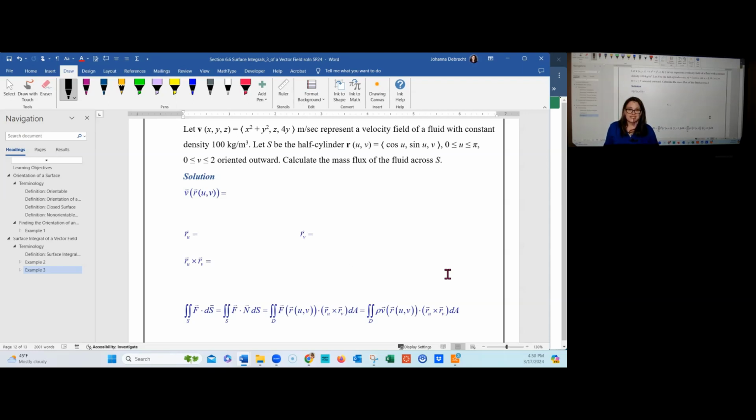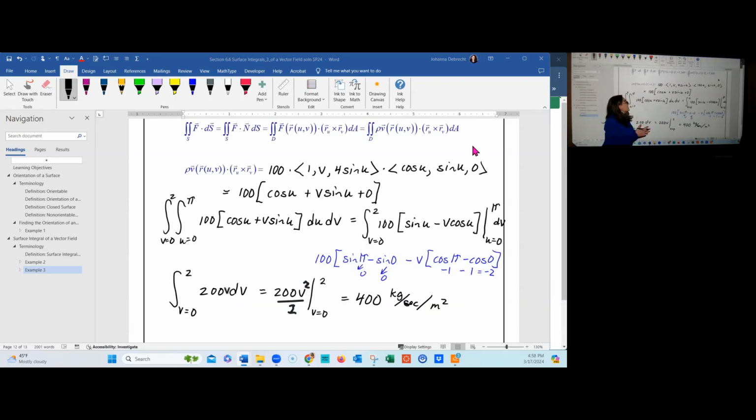So in this case, I multiplied the density, 100 kilograms per meter cubed, by the dot product of the vector field parameterized using our parameterization with the normal vector, r sub u cross r sub v. In this case, when I do the dot product, I get cosine u plus v sine u plus 0.